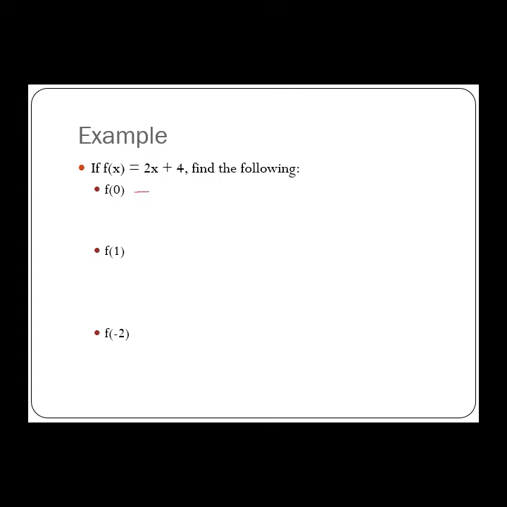So here we have a function and several evaluations we can do. So f of 0 is 2 times 0 plus 4, and 2 times 0 plus 4 is 4. So if I were to graph it, I'm going to graph the point 0, 4. But for the most part in your homework, you're just interested in when I plug in 0, what value do I get? f of 1 is 2 times 1 plus 4.